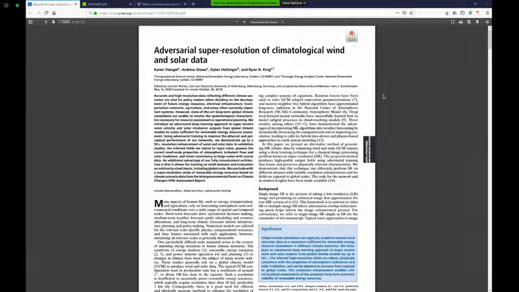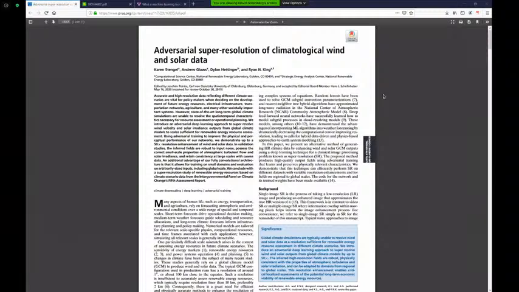So in principle, this is an impossible problem, right? If you have data which is averaged every 100 kilometers and you want the same data every 4 kilometers, there are many different versions of the high resolution data which are consistent with your observed low resolution data.